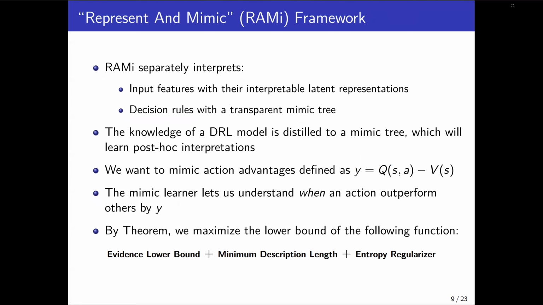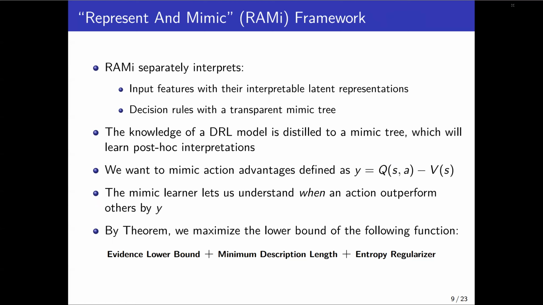The framework, named represent and mimic, or REM in short, separately interprets input features with their interpretable latent representations and decision rules with a transparent mimic tree. In other words, the knowledge of a DRL model is distilled to a mimic tree, which will learn the post hoc interpretation. The target we want to mimic is action advantage values, defined as the difference between Q and value functions.